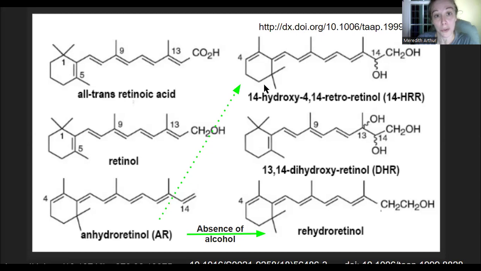It can help cells grow. I think this was lymphocytes. It can help lymphocytes stay alive, but anhydroretinol kills them. So that's kind of interesting, right? It's like good versus evil. And then we have meh. So evil anhydroretinol, good 14-hydroxy-4-retroretinol, meh rehydroretinol. It's just the meh.